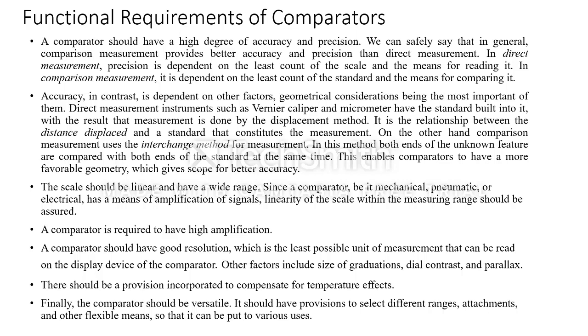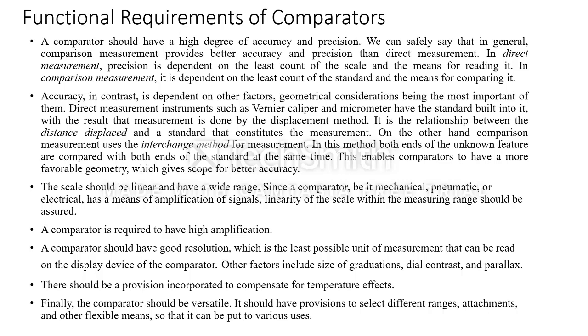In direct measurement, which is nothing but linear measurement, the precision depends upon the least count of the scale and how you are measuring the job. In a similar way, in comparison measurement, the precision depends upon the least count of the standard units and how you are comparing with the standard units.